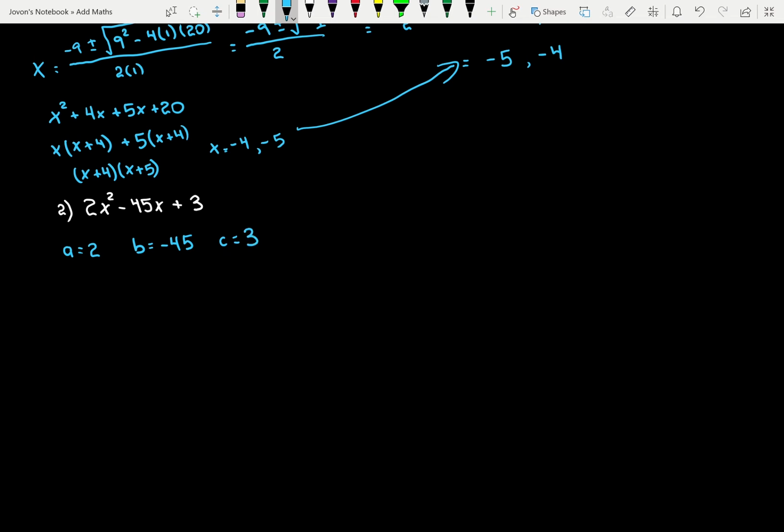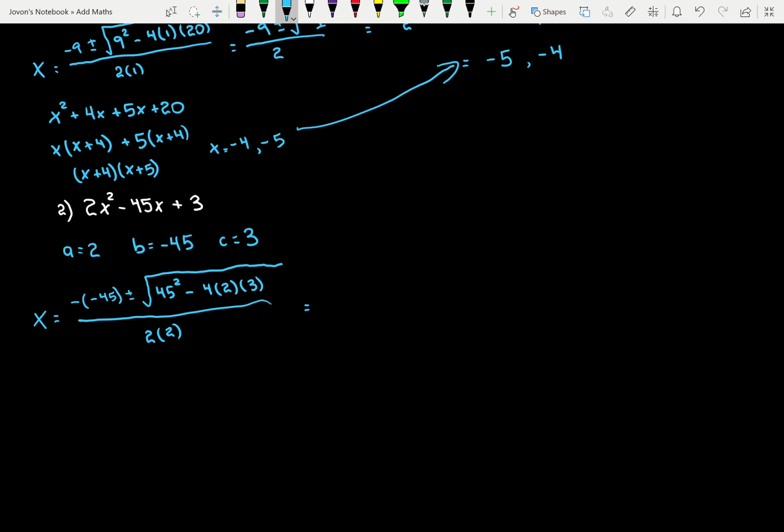So what we'll have is x is equal to minus b, which is minus minus 45, plus or minus the square root of b squared, which is 45 squared, minus 4ac, all over 2a, which is 2 multiplied by 2.